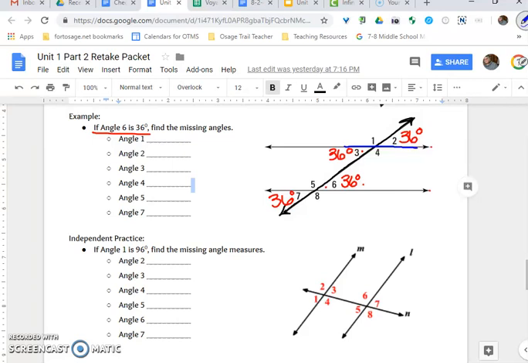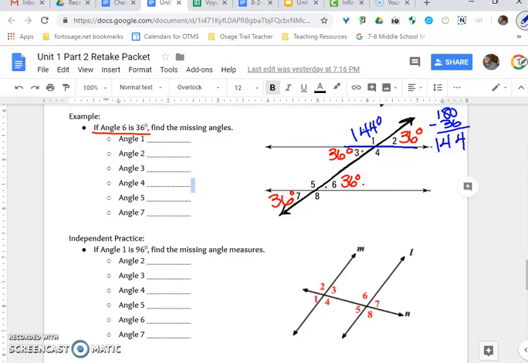So if I'm trying to find angle 1, and I know that together, angle 1 plus angle 2 would equal 180, I can take 180 minus 36 and get the measure of angle 1. So I'll let you do that. Get 144 degrees.